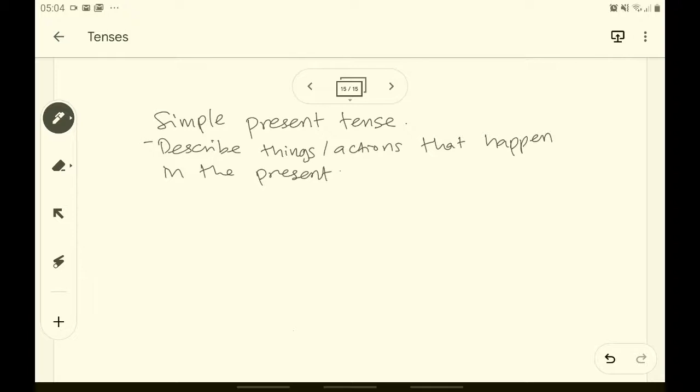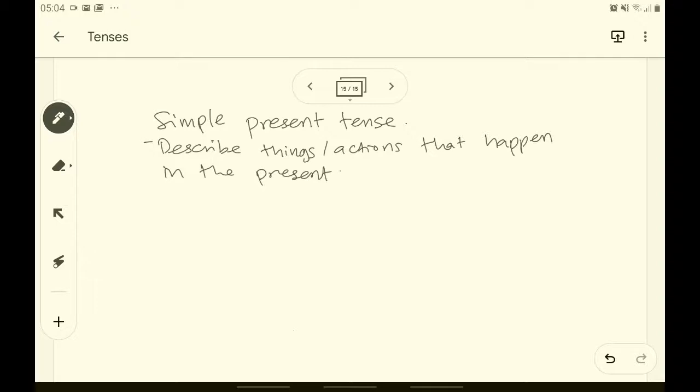I go to English class every Sunday. Sarah goes to English class every Sunday. Notice a slight difference there. We are going to talk about it after this.